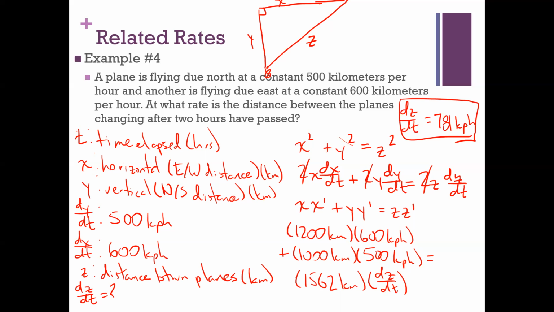How are we doing here? What was the last step you made in order to get 781? Basically added these two things up, divided by 1560. That comes from the Pythagorean theorem. Yeah. So taking x and y to be 1200 and 1000, Z comes out to be about 1562.